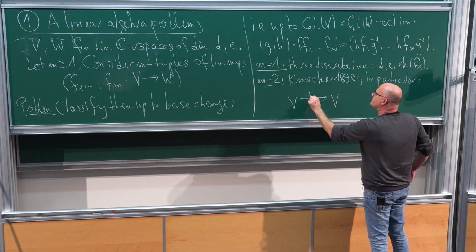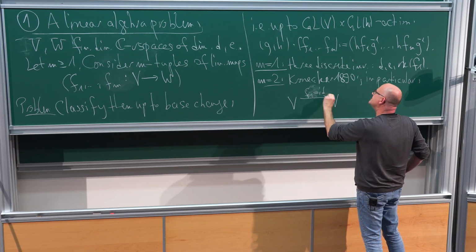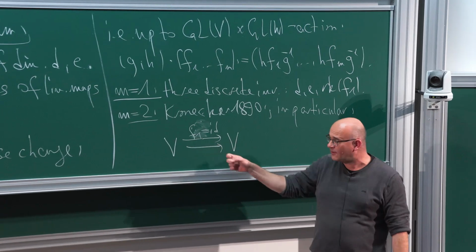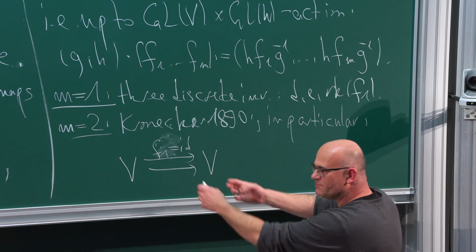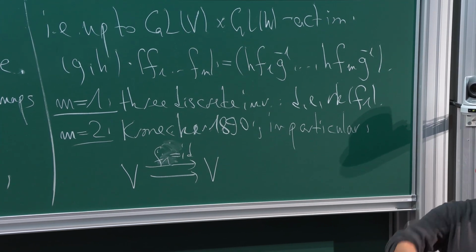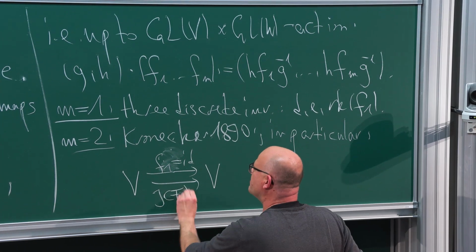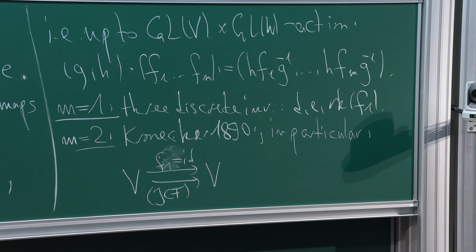And then we can say that the first map, F1, is the identity. And then, of course, we break the symmetry in our base change down to just conjugation by an element of GLV. So for the second matrix, we have the problem of conjugation of a square matrix. And so, for example, we can put the Jordan canonical form here. And this is somewhat part of the solution to this classification problem.